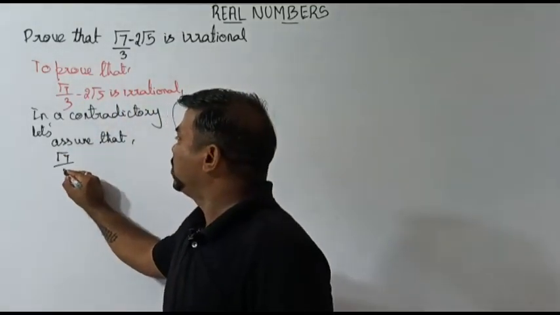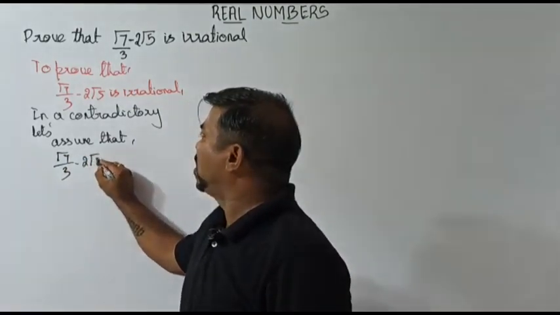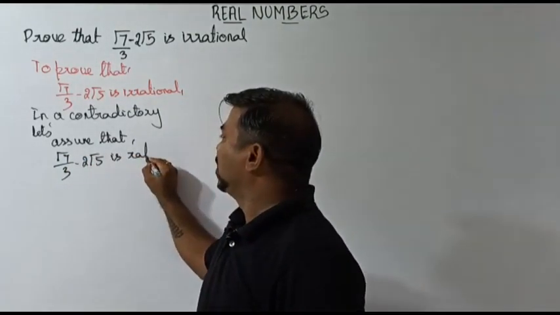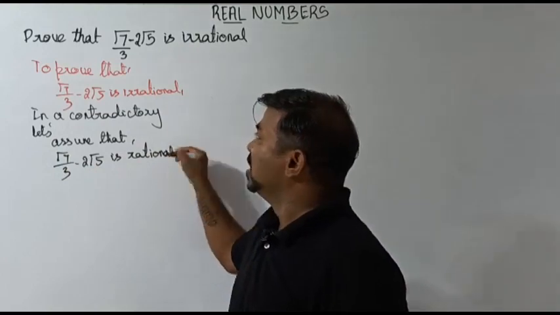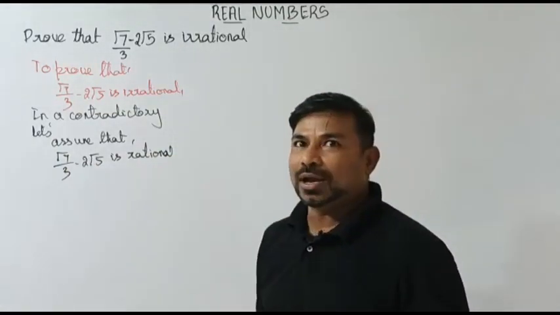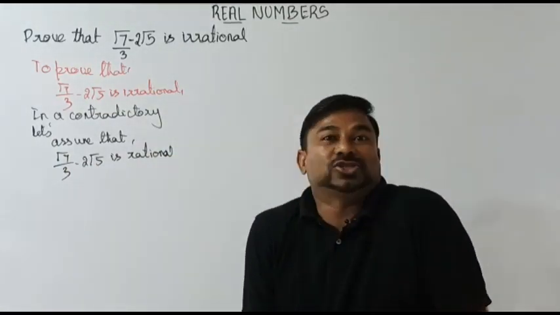So root 7 by 3 minus 2 root 5 is rational. It has to be proved irrational, but we are assuming it as rational.